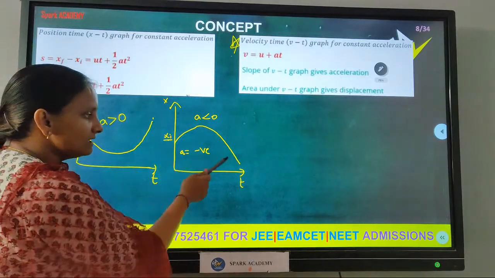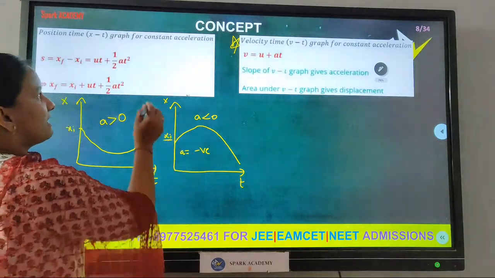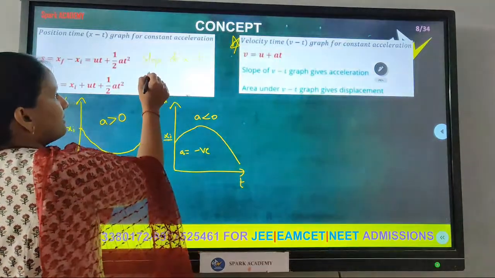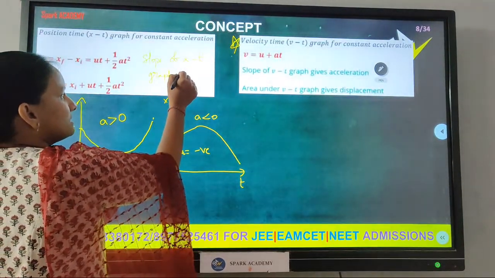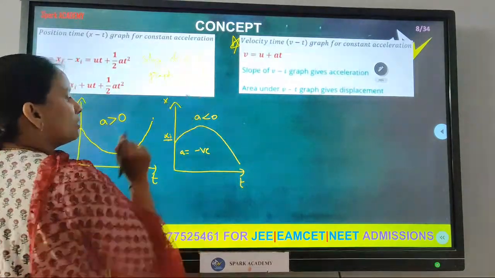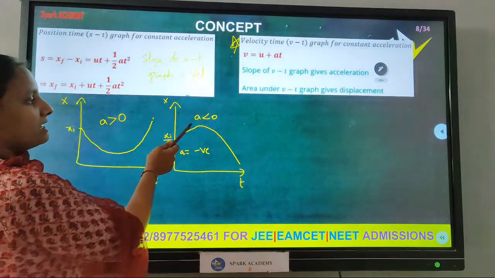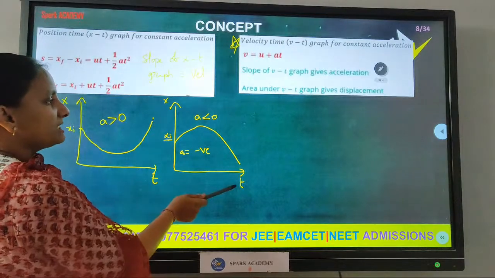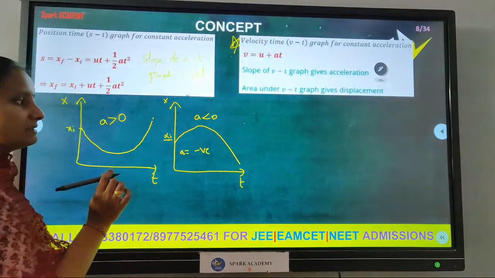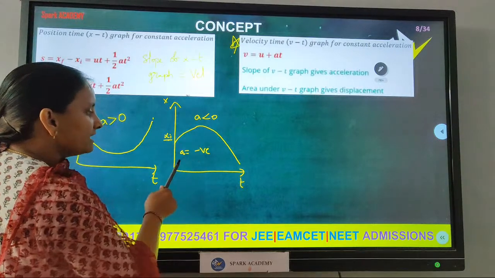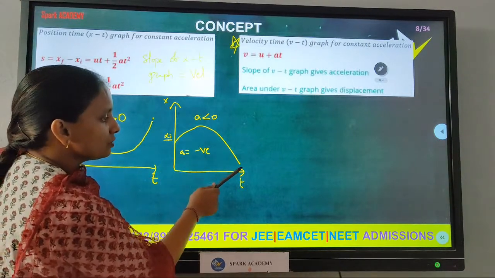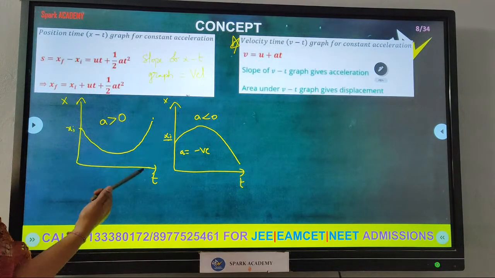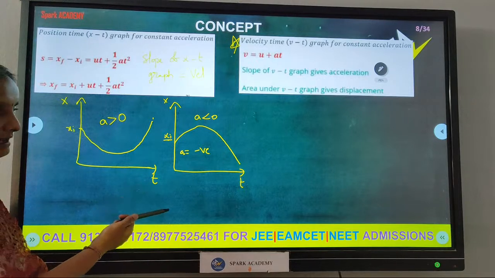If we take the slope of the position time graph, it gives velocity, that is, at any instant x by t gives the velocity at that point. So this graph is showing negative acceleration. Velocity is slowly decreasing. Velocity decreasing means acceleration is negative. It is called a retardation.